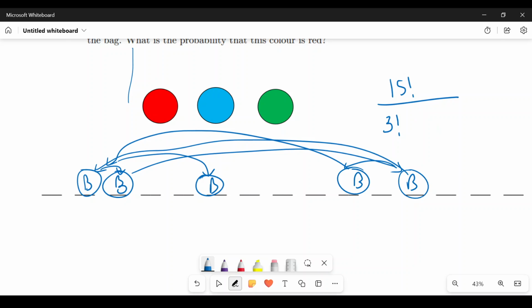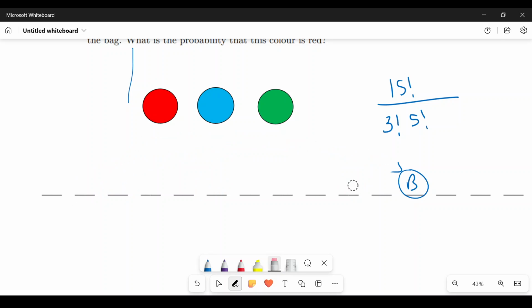So I also need to remove from my 1.3 trillion the fact that there are 5 identical blue marbles. So I'm also dividing by 5 factorial. And of course, as I'm sure you can predict, I also have to do the same thing with the green marbles. There are 7 green marbles. So I need to remove from them the fact that there are 7 identical green marbles.